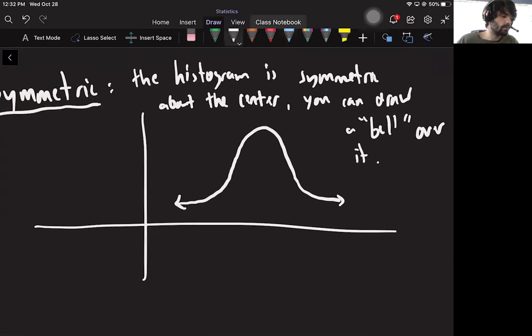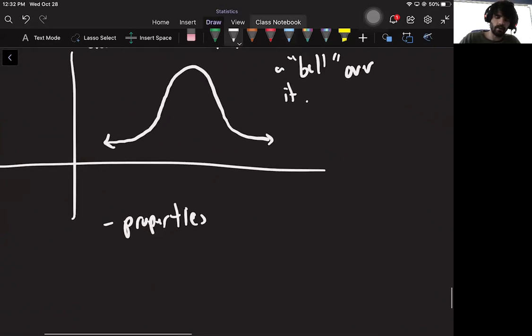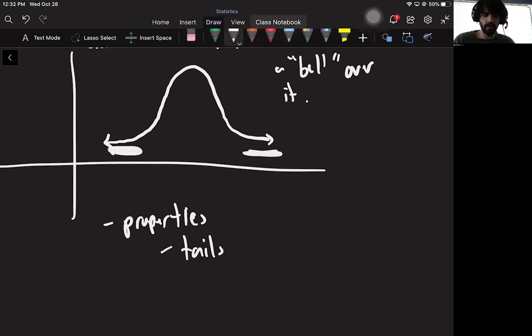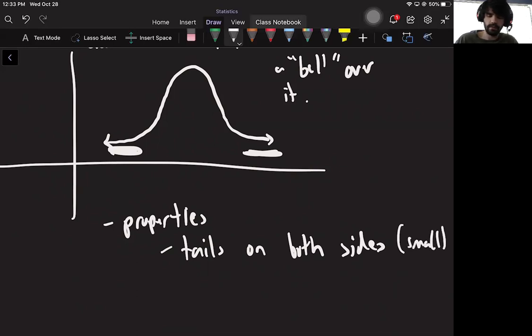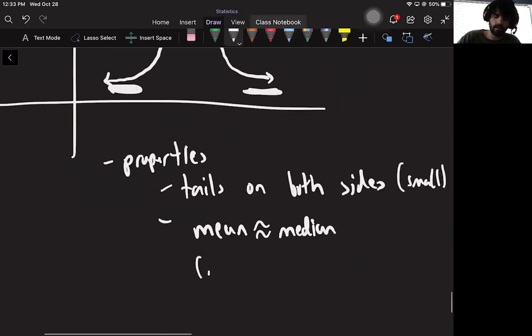And there are properties about it that you should know. The idea is that there's going to be a tail on both sides. That's what you call these portions of the histogram. But they're kind of small. They don't go very far. And then the best thing is that the mean and the median will roughly be the same.